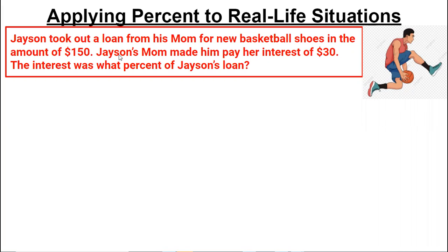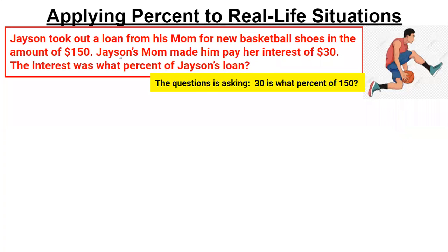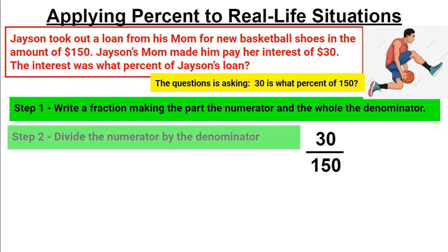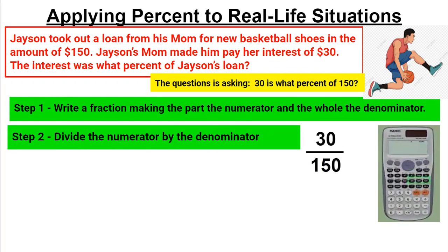How do you do this? Well, the question is asking 30 is what percent of 150? Put the part on top, 30, put the whole on the bottom, divide. 30 divided by 150 equals 0.2.